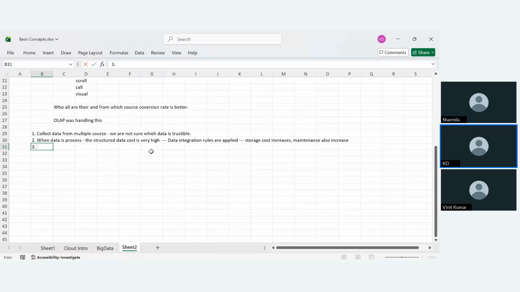So when you structure something, let me explain from a very basic perspective. For example, in your home, you are purchasing rice, wheat flour, or any flour you are using, or any oil. Until you use this for your cooking purpose, you don't care what's happening.